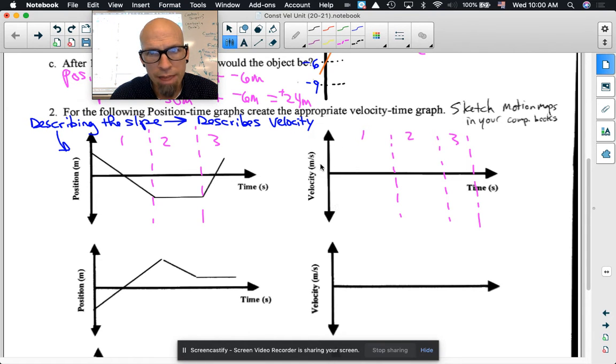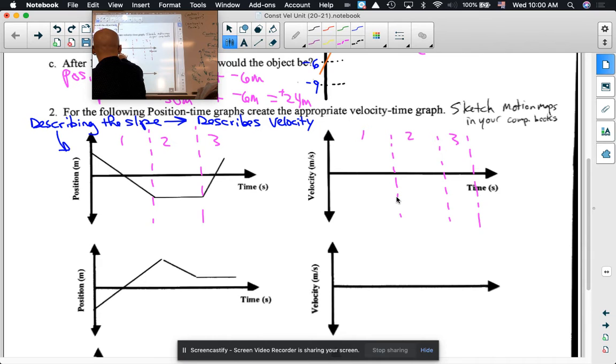Well, that's zero velocity. These are positive up above, and these are negative down below. So our line's going to have to be below the zero, and it's going to have to be steady, not getting bigger, not getting smaller. So I would say a line like this. That is a negative velocity.